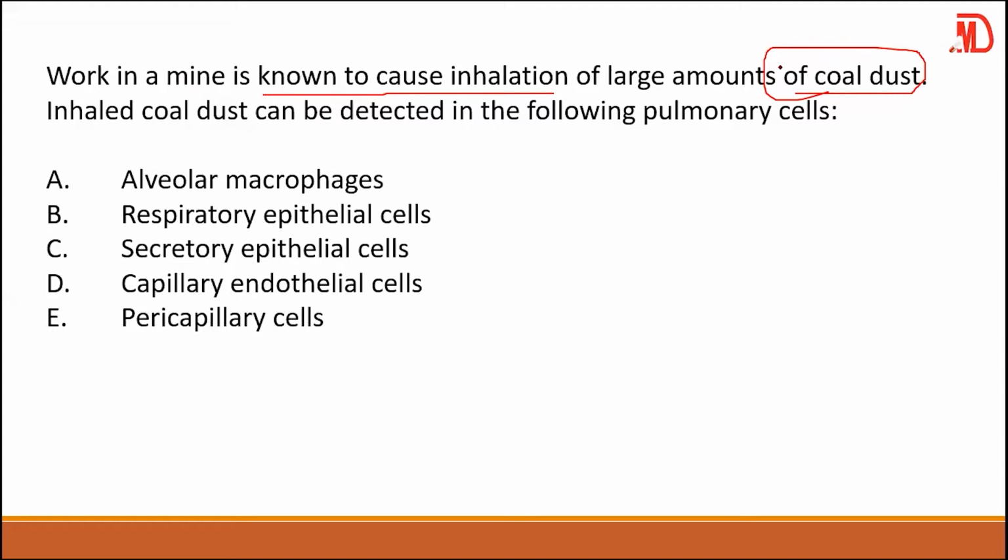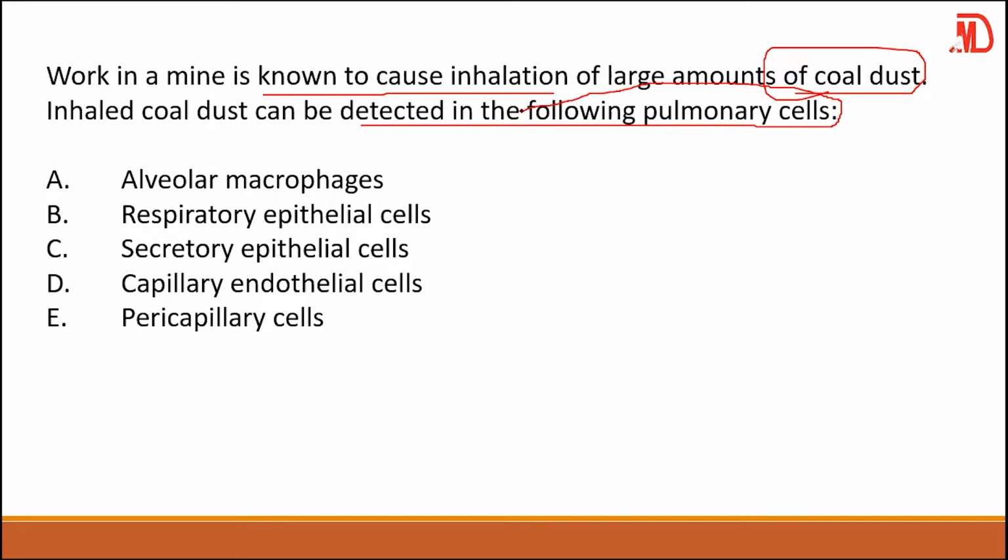When somebody is exposed to dust, asbestos, or some substances that eventually destroy the lungs, we call it pneumoconiosis. But this question is not about pneumoconiosis. The question is, the inhaled dust can be detected in the following pulmonary cells.